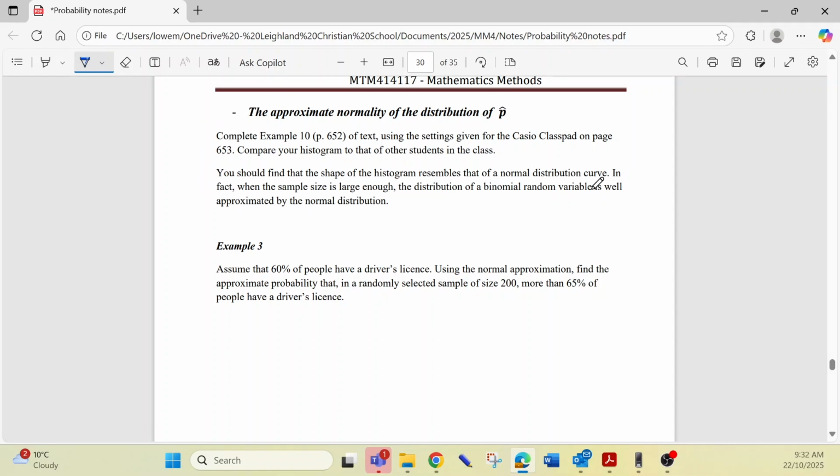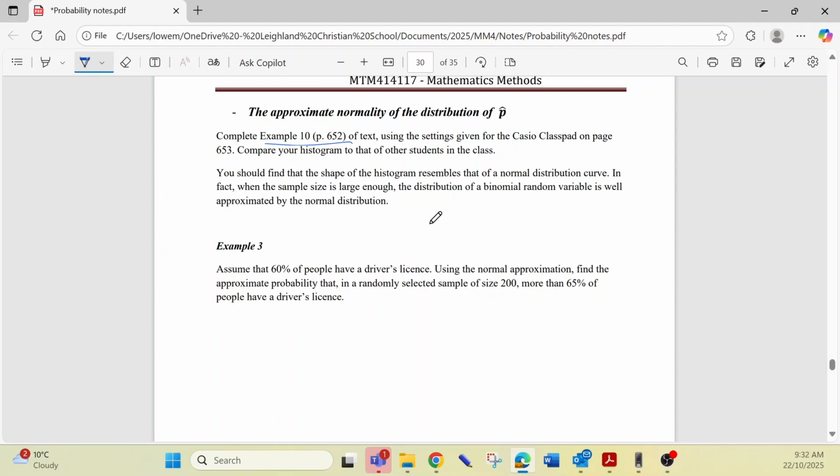I won't worry about this, but it might be worthwhile for you to have a look at the yellow text, specifically at this example, just to observe that with a large sample size, the distribution of sample proportions does approximate a normal distribution.